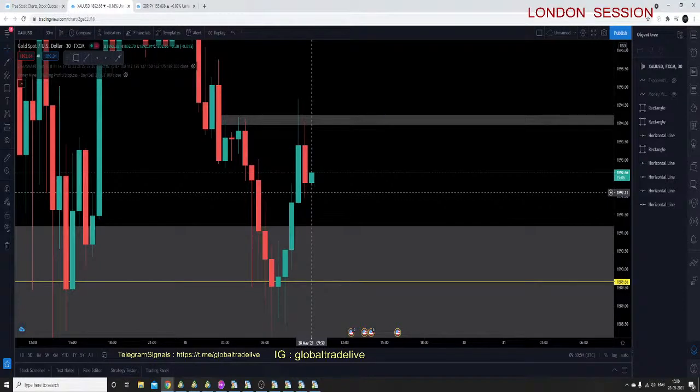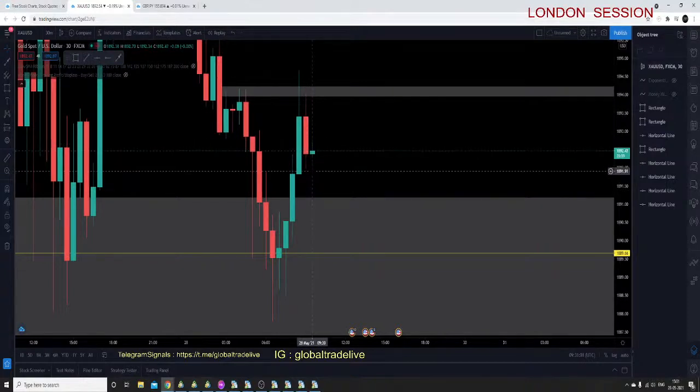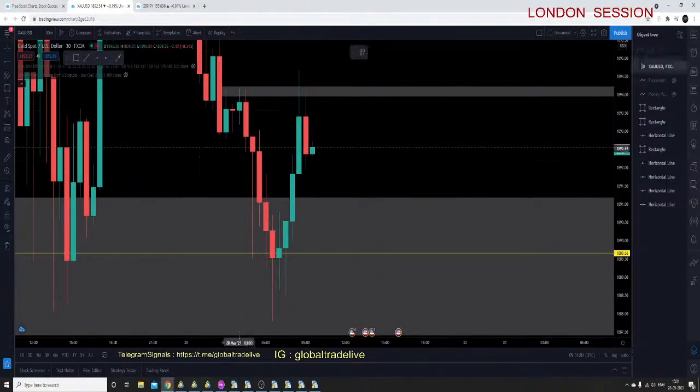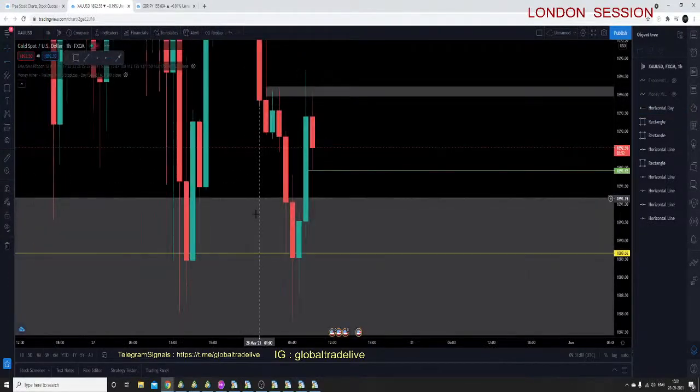But we'll only be executing this trade if this candle breaks this low over here. Let's look at the higher time frames.